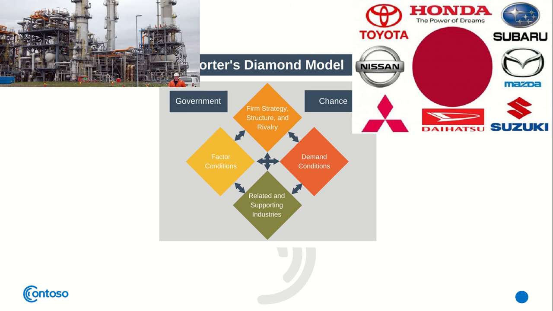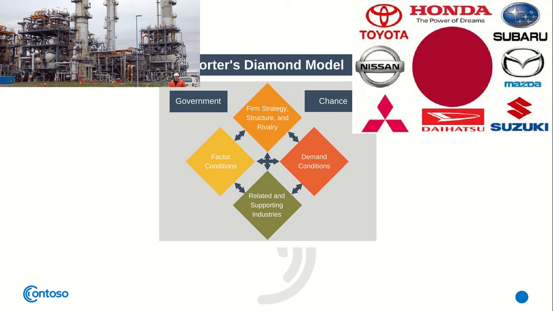With human resources, we mean created factors, conditions such as a skilled labor force, good infrastructure, and a scientific knowledge base. Porter argues that especially these created factor conditions are important, as opposed to natural factor conditions that are already present.